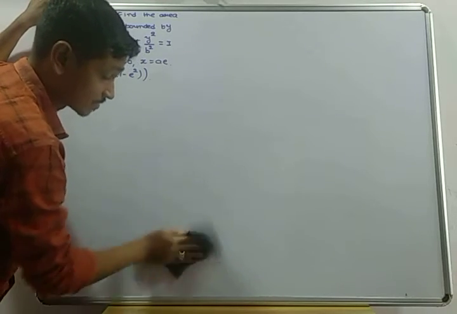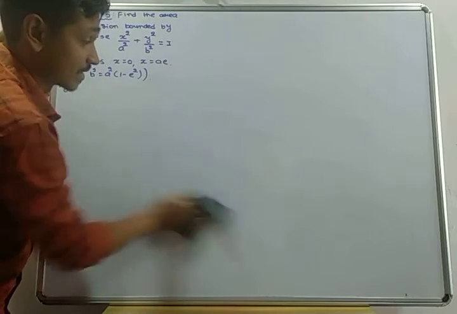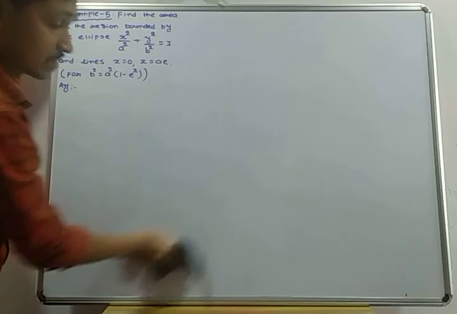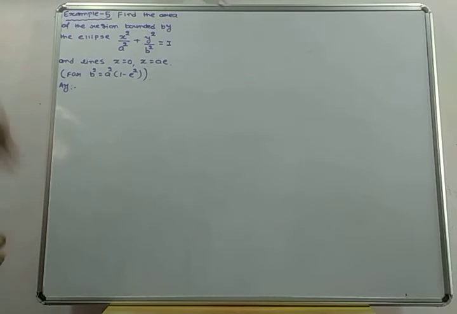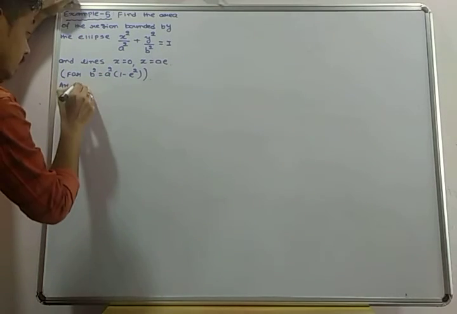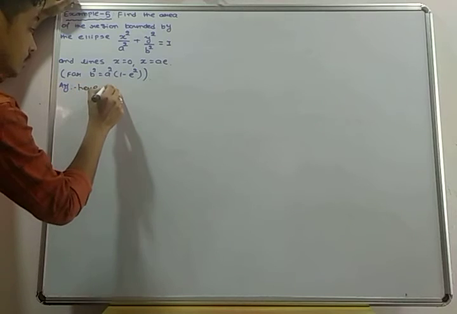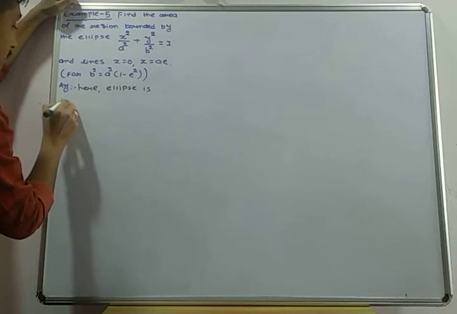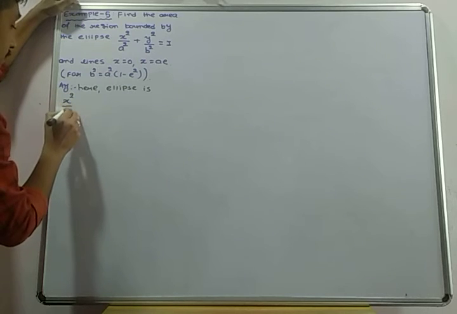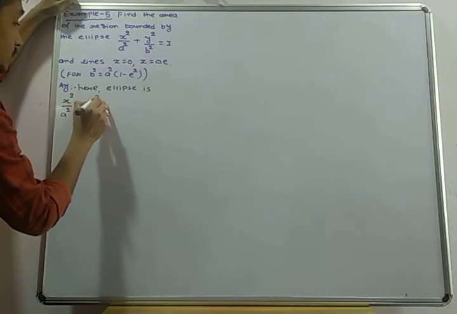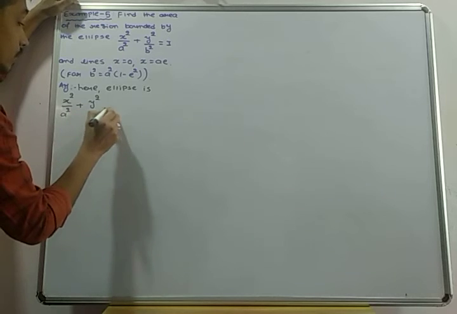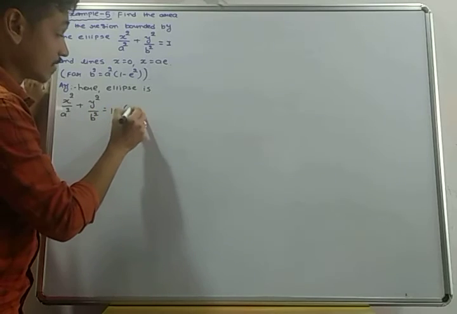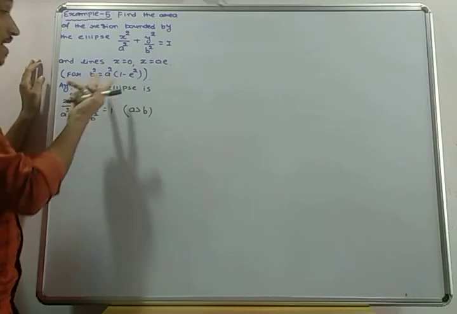So here ellipse is and lines are, then making the diagram, then parts and answer. Okay, so here ellipse is x square by a square plus y square by b square equal to 1, and from this we can decide our case where a is greater than b, because case number 1.